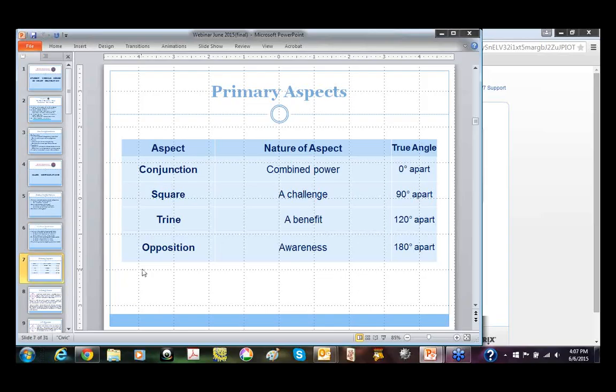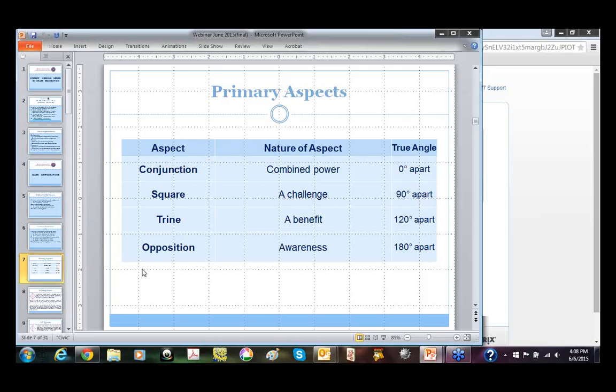Okay, when I'm talking about aspects, and for this webinar, we're only going to go into the primary aspects. Conjunction, they're right there together. They're 0 degrees apart. And conjunction we sometimes take this loosely to mean like the whole sign, or right there together. They can be in different signs, but still 2 or 3 degrees apart. But what a conjunction is, is a combined power.